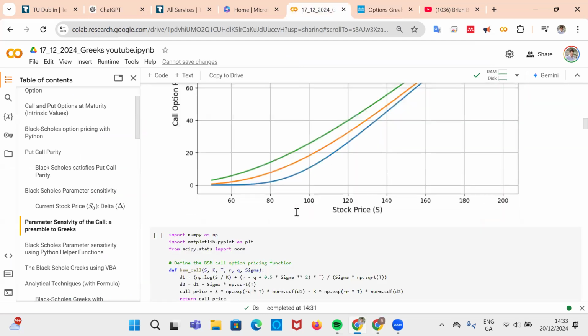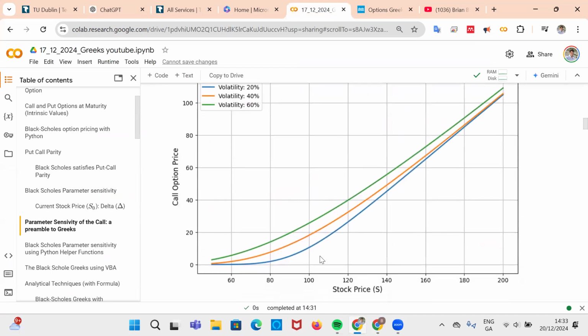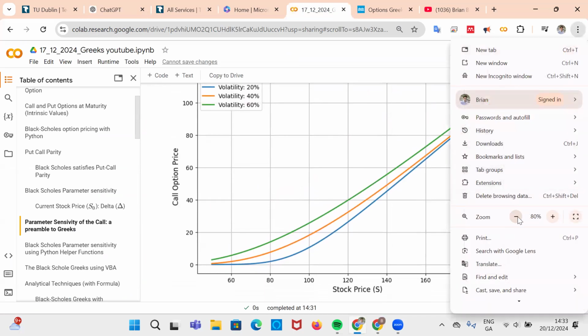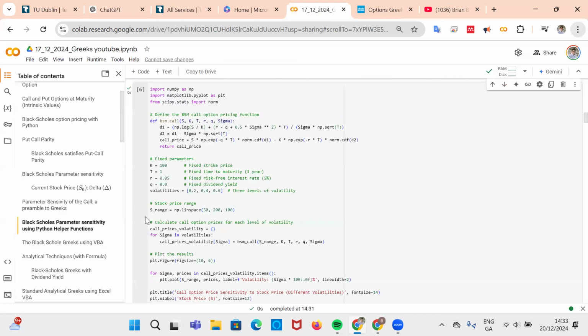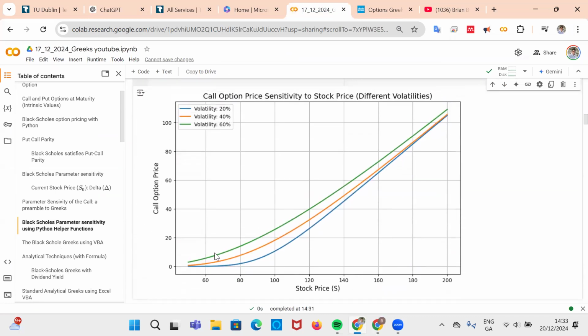and coming down to our chart here that maps out the relationship between the stock price and the value of the call, we can see it's actually quite interdependent on volatility as well.